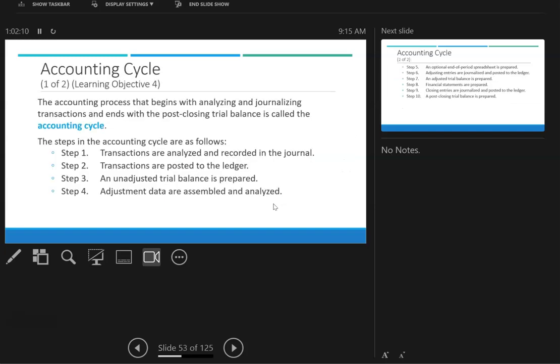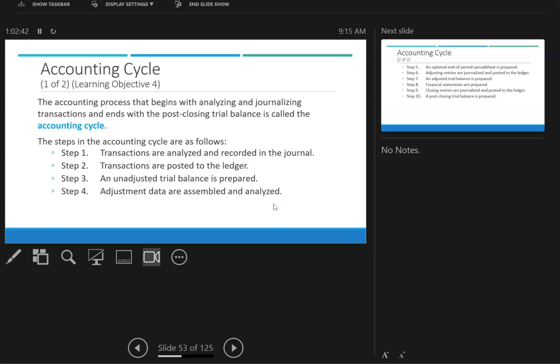Now, you hear of this accounting cycle. We've completed it already. This is the process we use in accounting. We begin by analyzing transactions and we journalize them to the ledger. After we journalize them, we post them to the accounts. We prepare a trial balance.